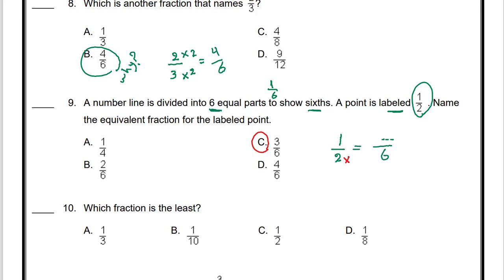You multiply the 2 by what to get 6? By 3. So do the same with the numerator. Multiply it also by 3. It will be 3 sixths. That's why 3 sectors is the correct choice. Okay, my heroes, any problems?